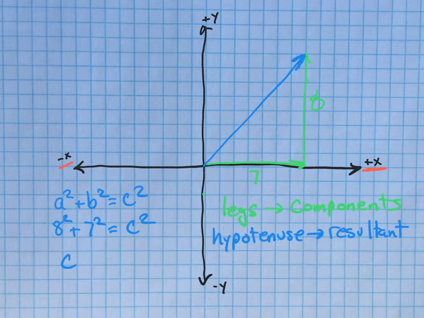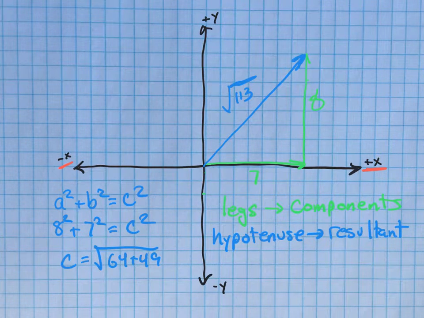So c, our resultant, is going to equal the square root of 64 plus 49. And so our net displacement is going to be root 113. I don't have a calculator right now, but typically we're not going to leave our solutions in radical form. You're going to use a calculator, get it to a decimal, and leave it in 1 or 2 decimals, or leave it to like the tenths or hundredths place.